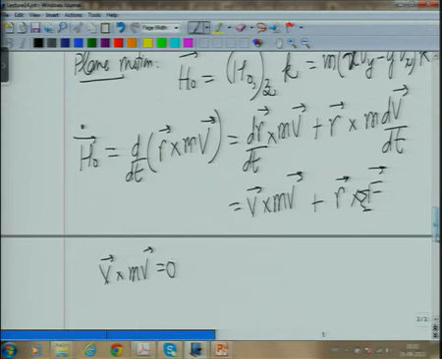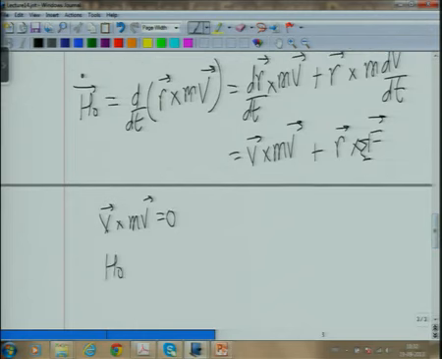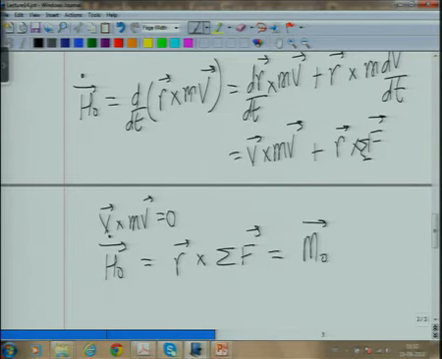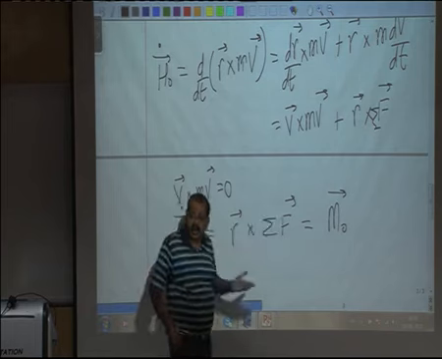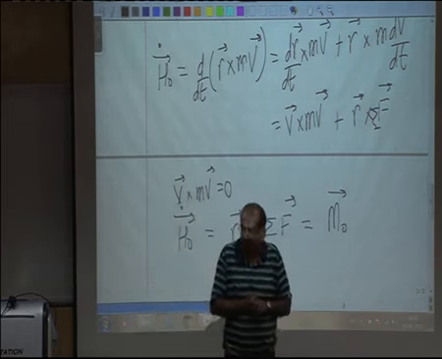So therefore what we have is the rate of change of angular momentum is equal to R cross the sum of forces F acting on the particle, and this is nothing but the moment about O. That is how we define moments about a point: the sum of all the forces with respect to that origin. So this gives a third formulation of Newton's law.